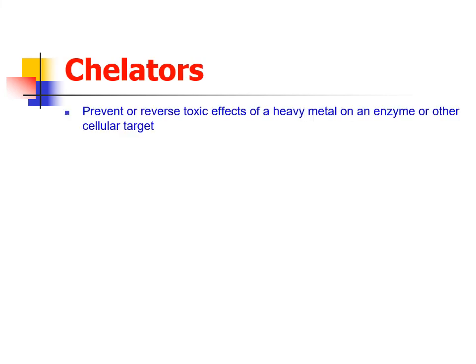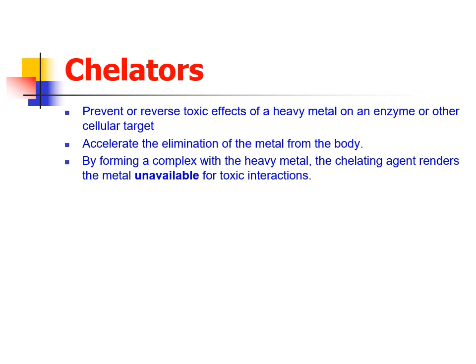Chelators prevent or reverse toxic effect of heavy metal on an enzyme or other cellular target, and can also accelerate the elimination of the metal from the body. By forming a complex with the heavy metal, the chelating agents render the metal unavailable for toxic interaction.